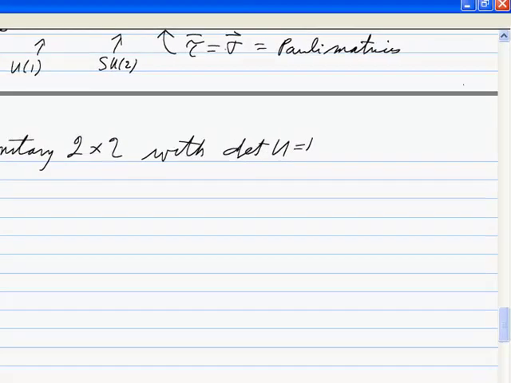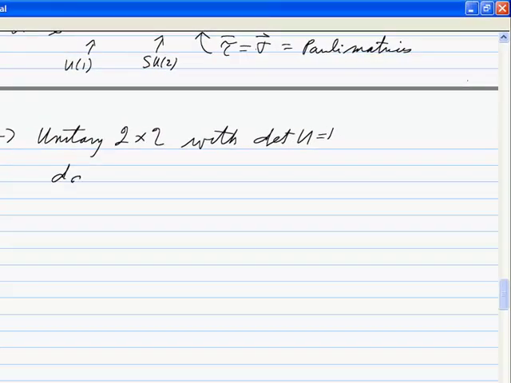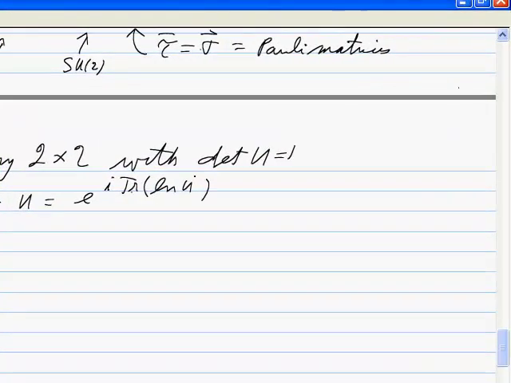You show that the determinant of any matrix is e to the i times the trace log of the matrix, and these guys, trace log U. There's another math identity which I won't prove for you. This then is alpha dot tau. These are traceless. We don't really need to know that, but that's how the name comes about.